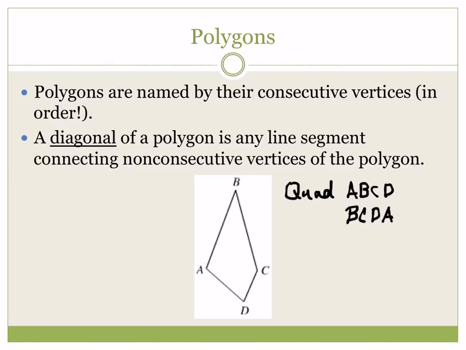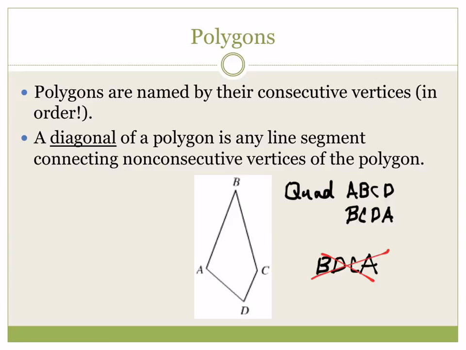B, D, C, A. What is wrong with going B, D, C, A? It doesn't go in order. I skipped from B to D, which I couldn't do unless I were really going around this object, like walking around it or tracing around it, I would have had to have passed through either C or A to do that. So that object would not work.